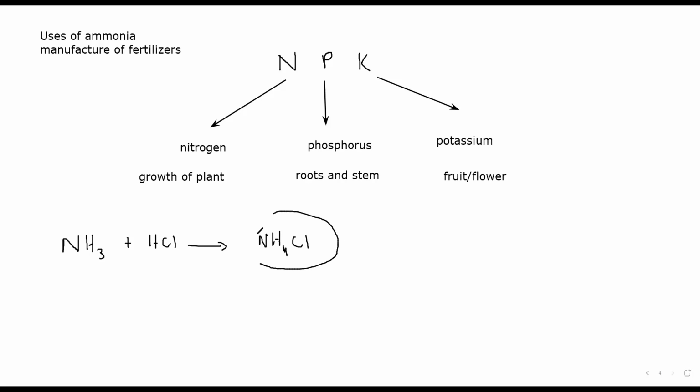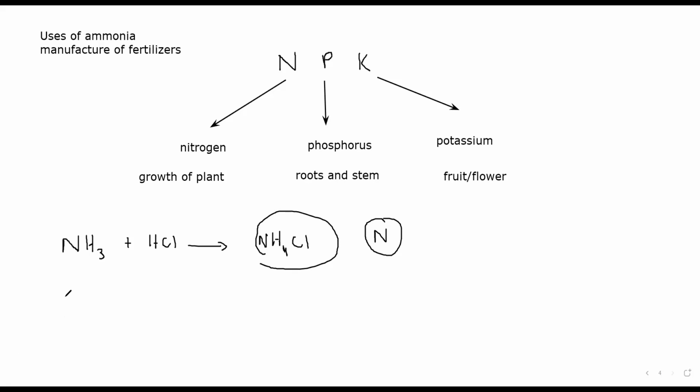This ammonium chloride is known as a fertilizer. Why do we call this a fertilizer? Because it provides one of the essential nutrients required for the growth of the plant. Which element is it providing to the crop? It is providing nitrogen.